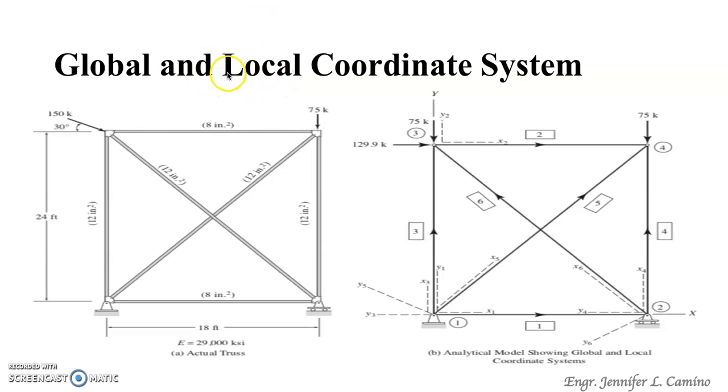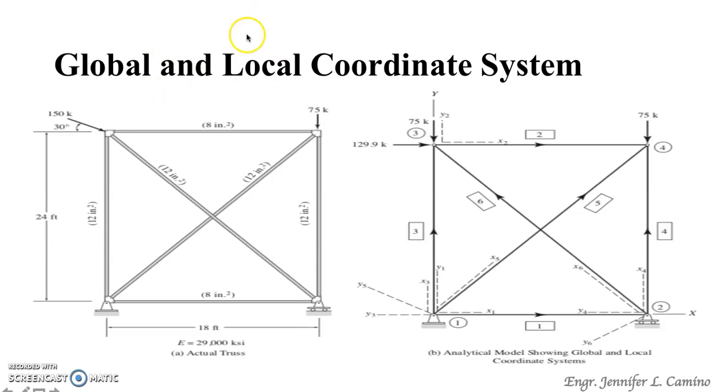So now in matrix structural analysis, you will be introduced to two coordinate systems. We have the global coordinate system and the local coordinate system. When I talk about global coordinate system, this is also known as structure coordinate system. So how do we identify the global or structure coordinate system for a plane truss?